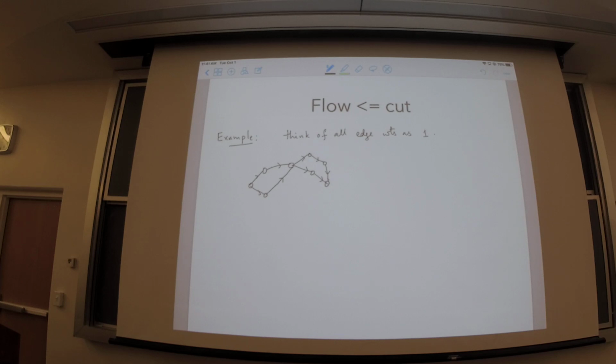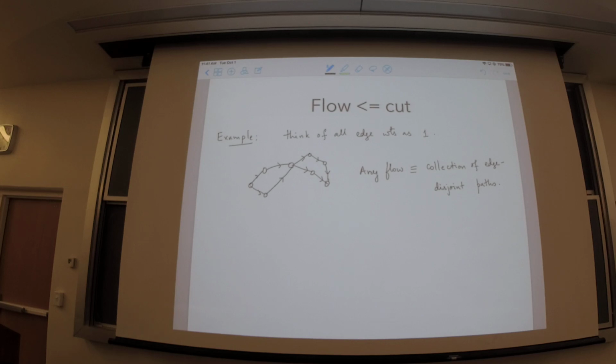They cannot share edges, because then the total flow on an edge would actually be 2. So any flow is just a collection of edge-disjoint paths.